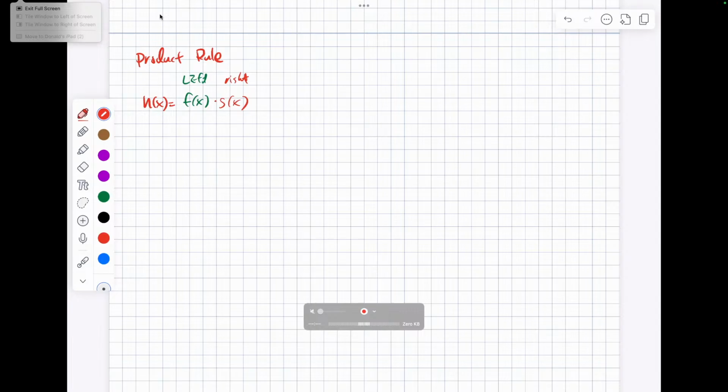So the way I will tell you that is going to be right d left plus left d right. Now, fortunately, in this case, it doesn't matter which order it is.